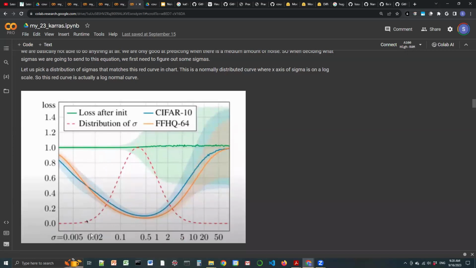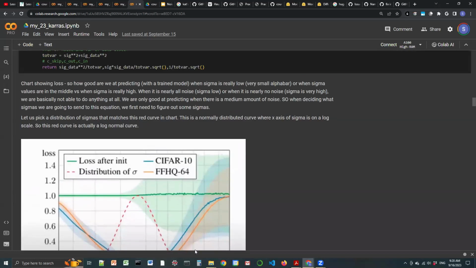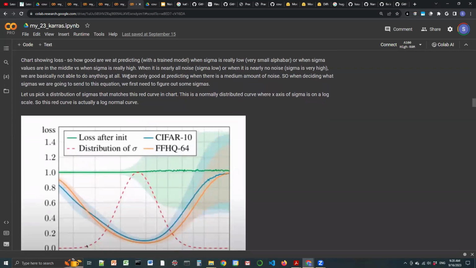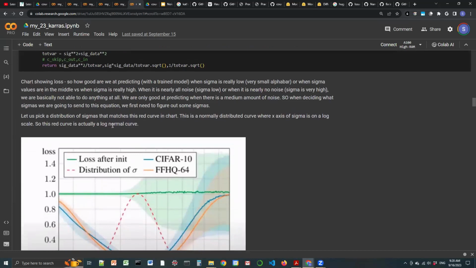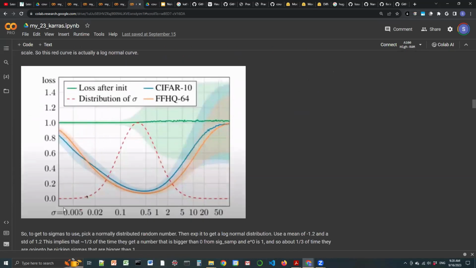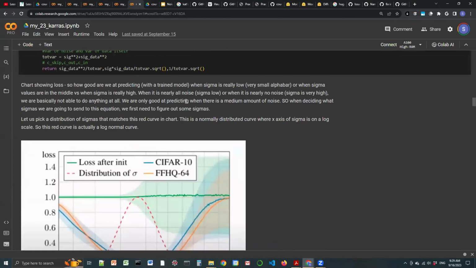Just orienting ourselves: sigma is very low here, which means alpha bar is low. Sigma is very high here, which means alpha bar is high. Alpha bar is in the middle range somewhere here, right?